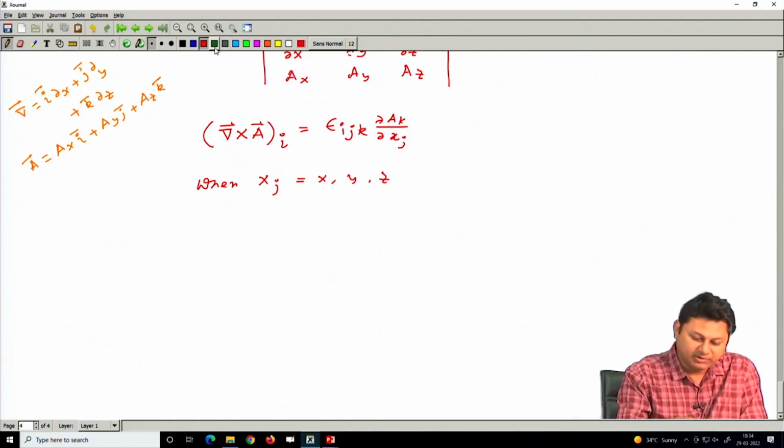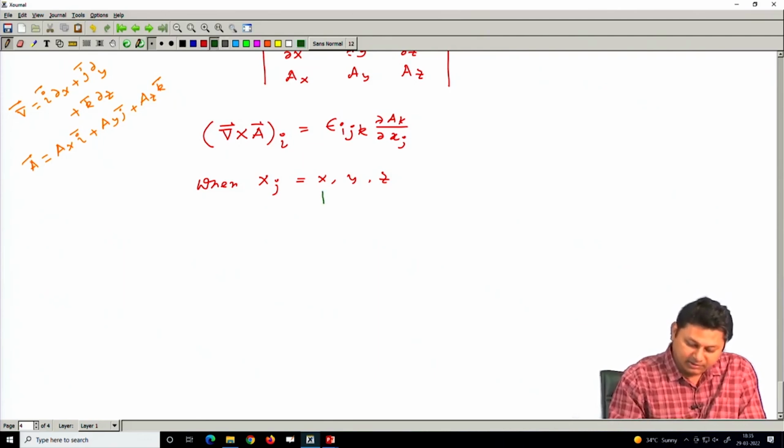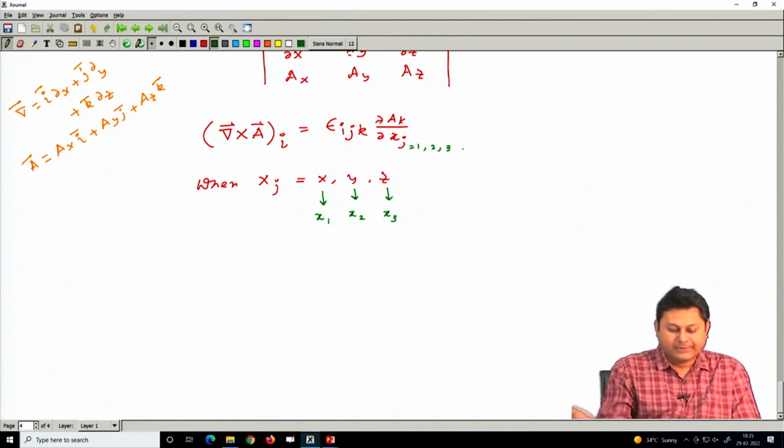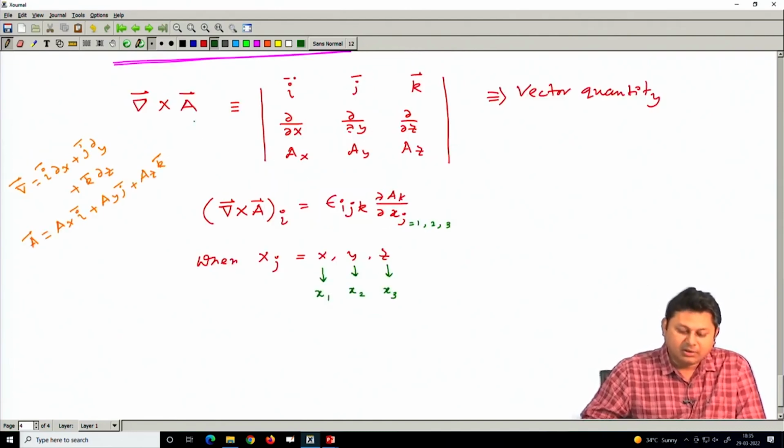That means this is x 1, this is x 2 and this is x 3. This is the way we define j equal to 1, 2 and 3. So, this is the way one can operate this curl operator over A, and we will get this vector quantity.